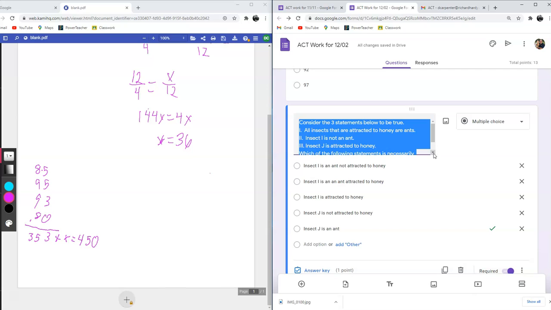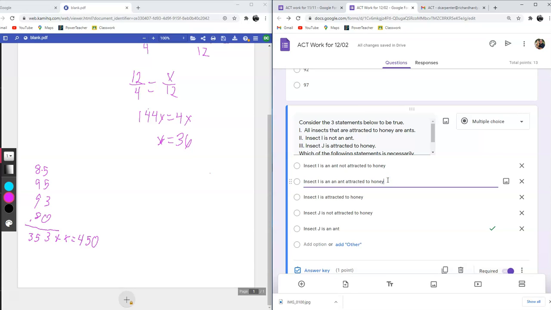Okay, so we know that all insects that are attracted to honey are ants. Now again, they're trying to get you to see, and they're having a whole bunch of different words up here. But just look at what each one is. Insect I is an ant not attracted to honey. Well, that would be against this phrase: all insects that are attracted to honey are ants. Next part.